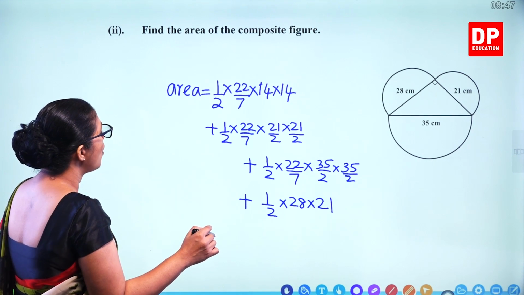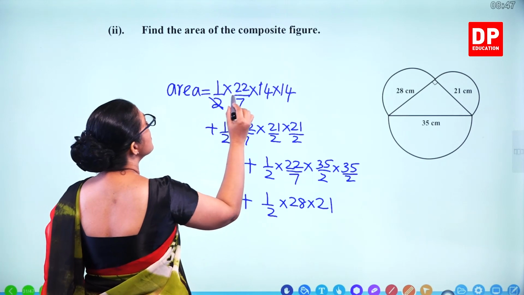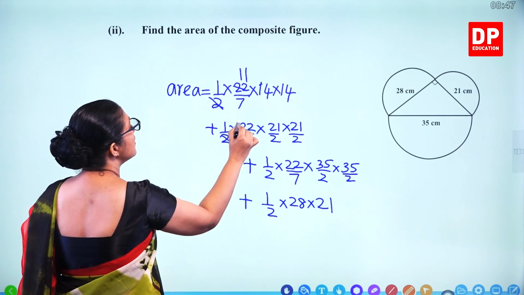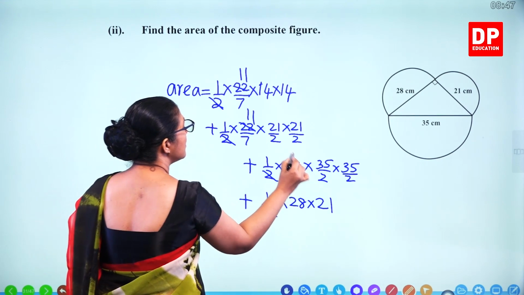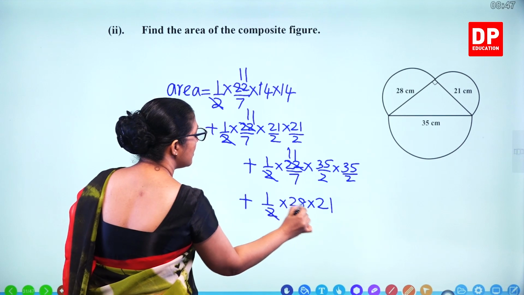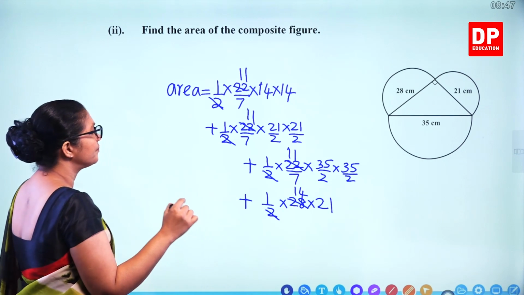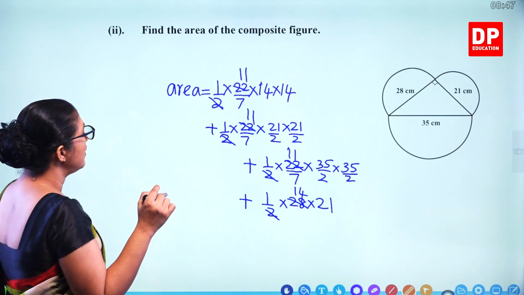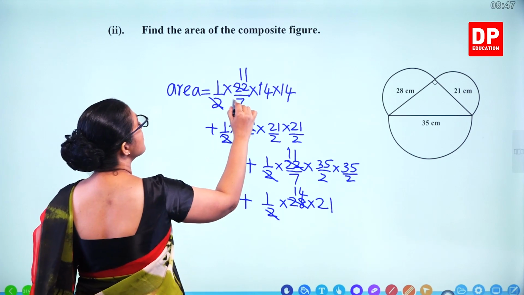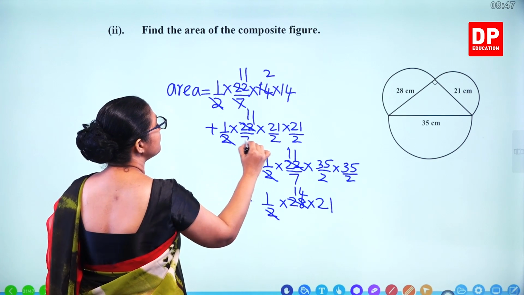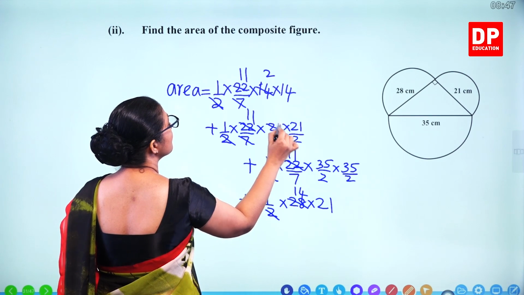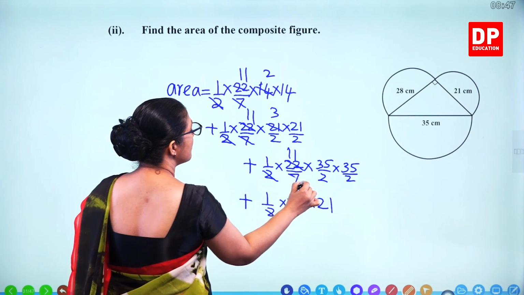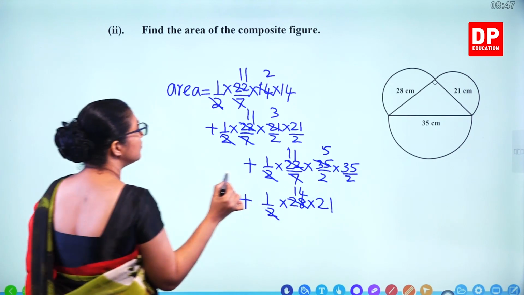Now you need to simplify. So we can cut off all these 2's. 11, 11, 11 and here 14. 7, you can cut it. 2, 3, 5.